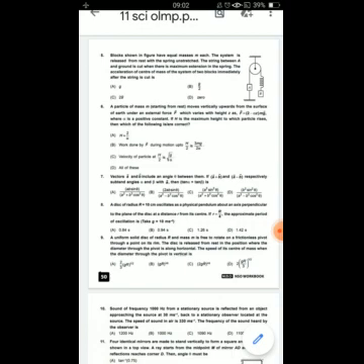If small r is equal to capital R by 4, then the approximate period of oscillations is, what will be the option? A, B, C or D. If you take the acceleration due to gravity equal to 10 meter per second square, option A is 0.84 second, option B is 0.94 second, option C is 1.26 second, option D is 1.42 seconds.